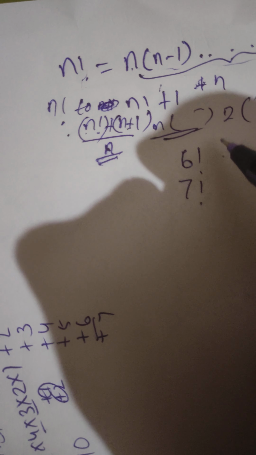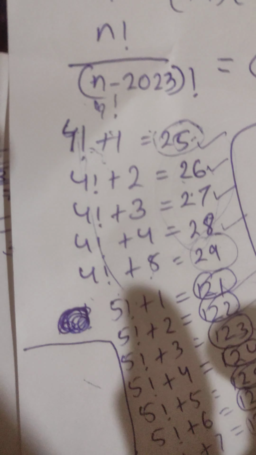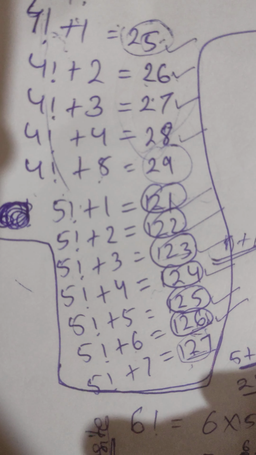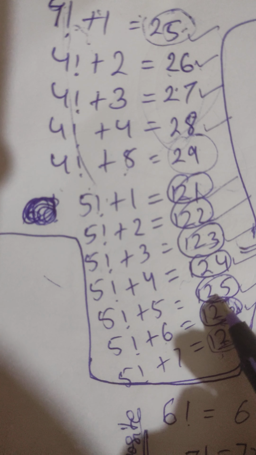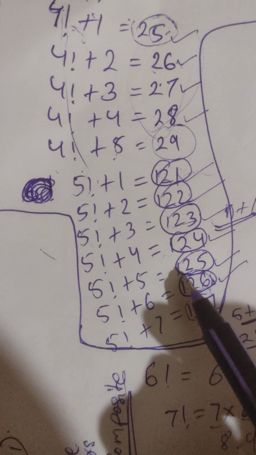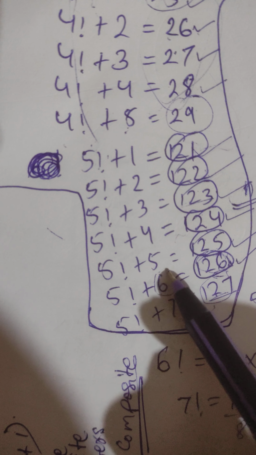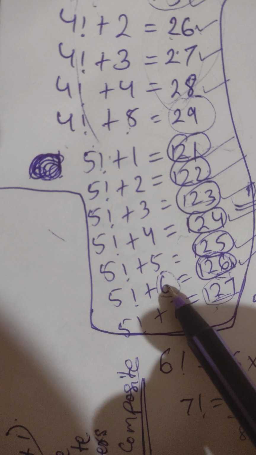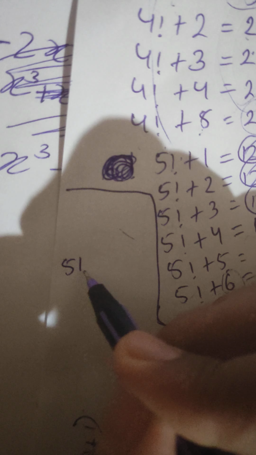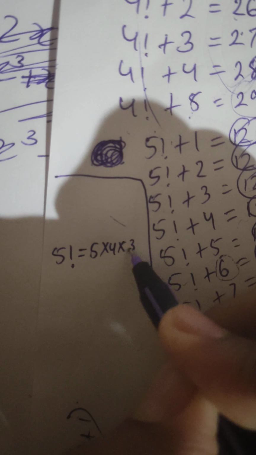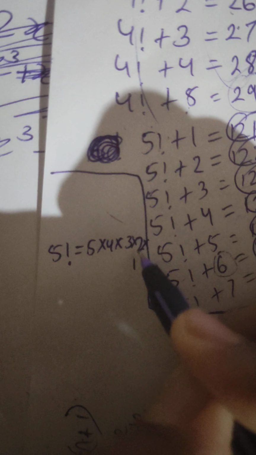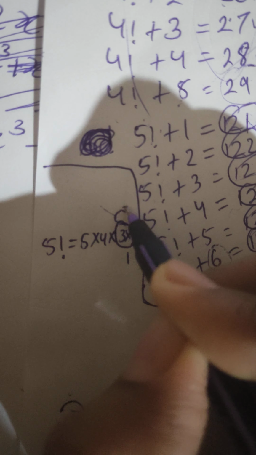What I noticed is that in 5 factorial, as you can see, why this 126, we have got this extra composite number. The reason is, when we did plus 6, this 6 is already present in 5 factorial, right? Because 5 factorial can be written as 5 into 4 into 3 into 2 into 1, so 3 into 2, this is 6, right?